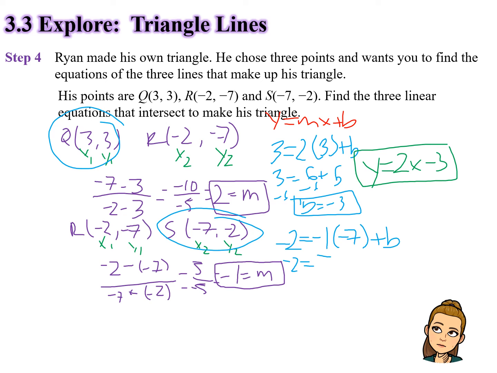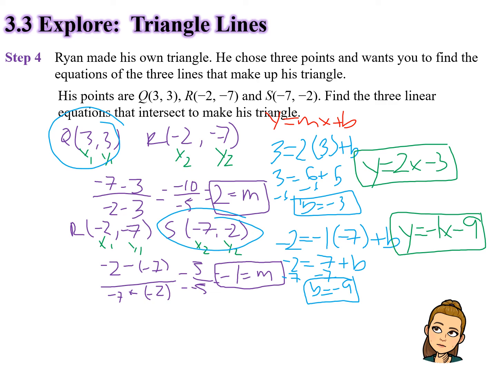Well, -1 times a -7 is a +7. +7 plus b. Well, to get b by itself, I have to take away 7 from both sides, and I find out that b is equal to -9. If I put my pieces back in the correct spot, my equation looks like y equals -1x minus 9.